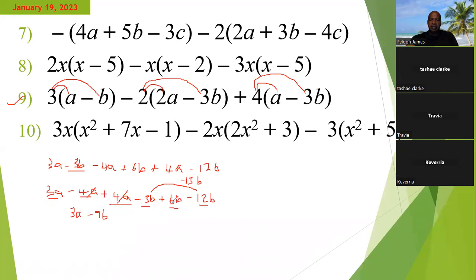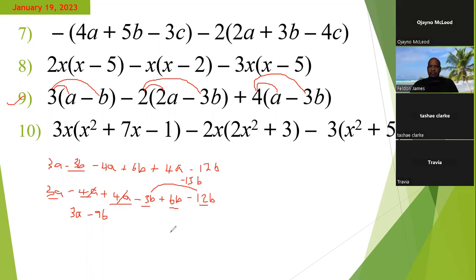Now remember, you have to take away the 6 from the 15 and keep the sign, so you get negative 9B. Let me see the hands of those who got that. Okay, very good, Mr. Eugene.